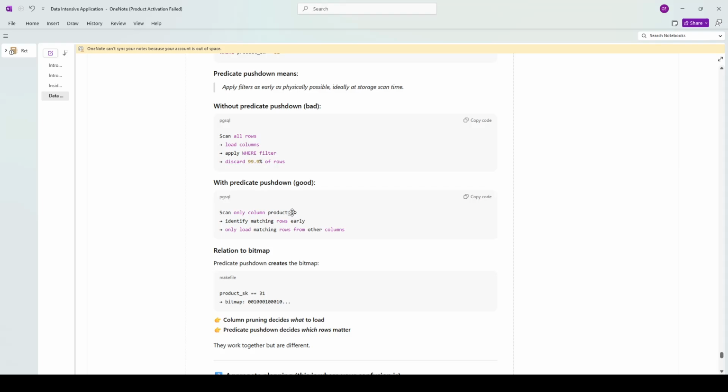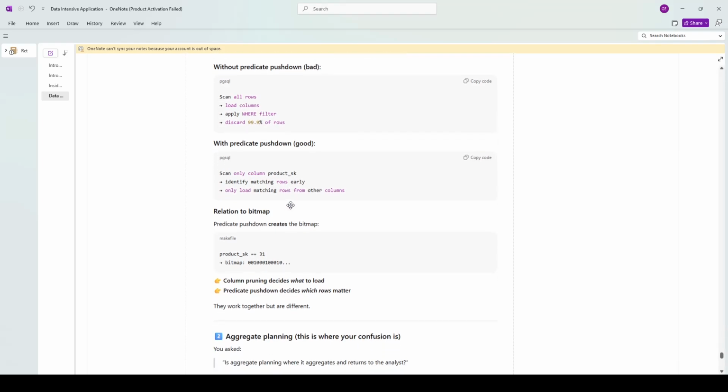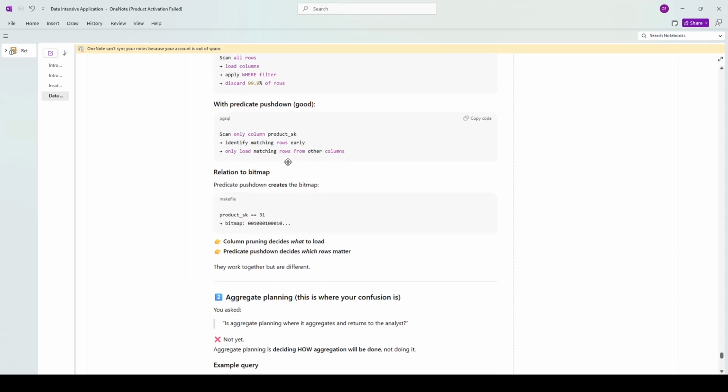Remember, an analytic storage engine is scan heavy, so predicate pushdown is applied to it. Scan only the column product_sk. Identify matching rows early. Only load matching rows from other columns. So you scan the needed column and then identify the matching rows early.